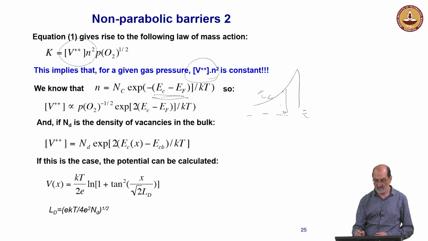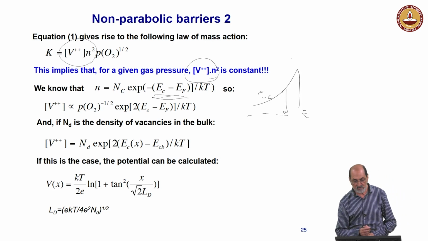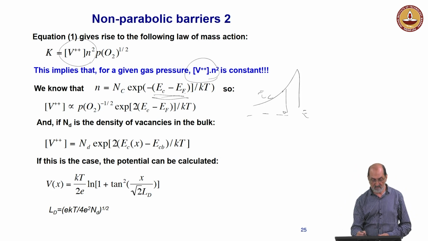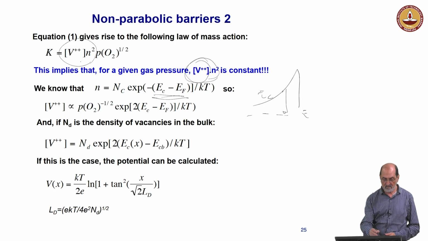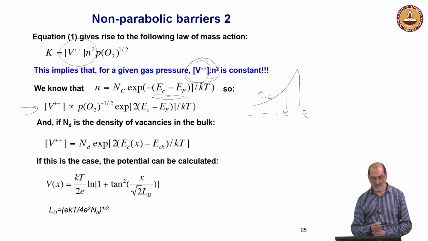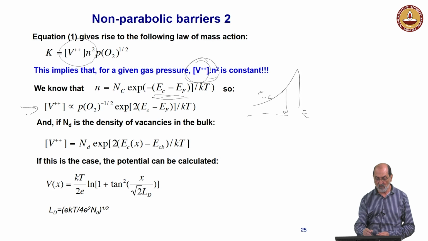So N has to be decreasing along the depletion region as we reach the surface. So if that is the case, V has to increase as we reach the surface. It's very basic, isn't it? So we can then deduce that the vacancy density increases exponentially as we reach the surface. It increases like this.